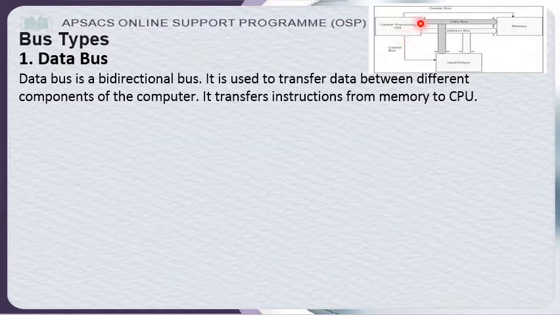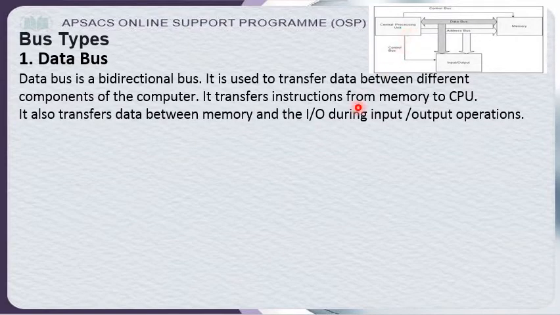If you see here, the component is the microprocessor, and this is a data bus. So data is moving from the central processing unit to your memory or any input output device, and the data can come from memory to the central processing unit or from any input output device to your central processor.